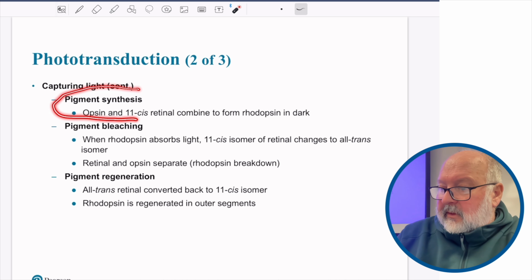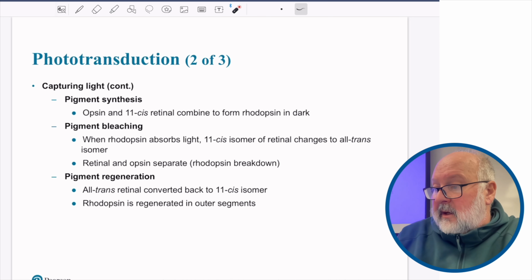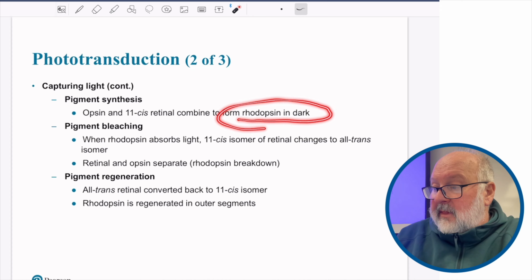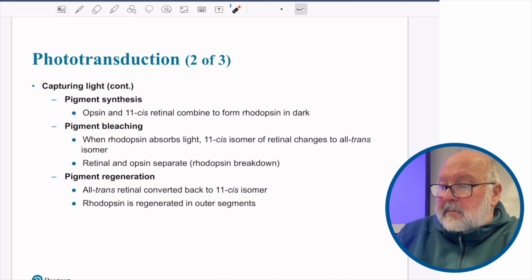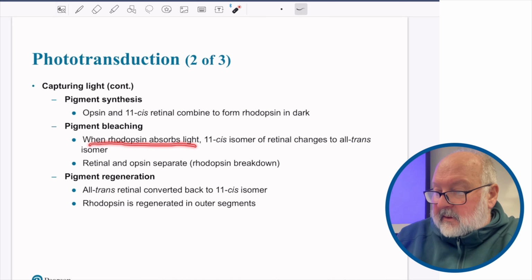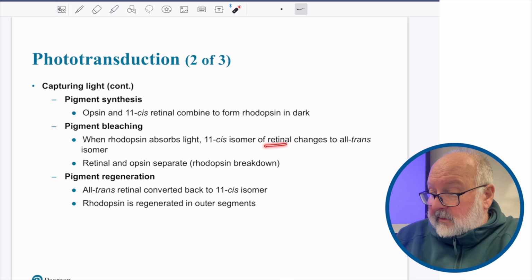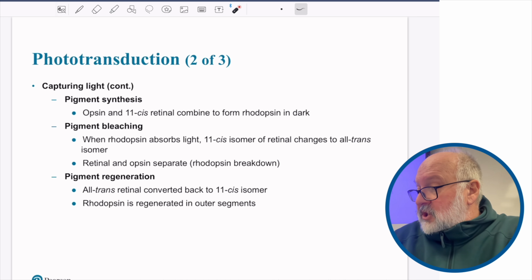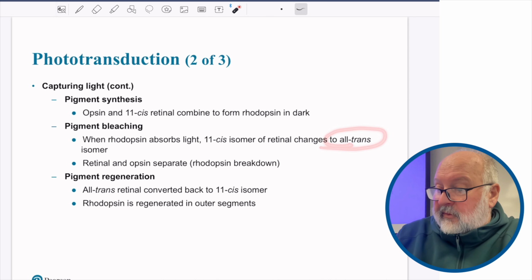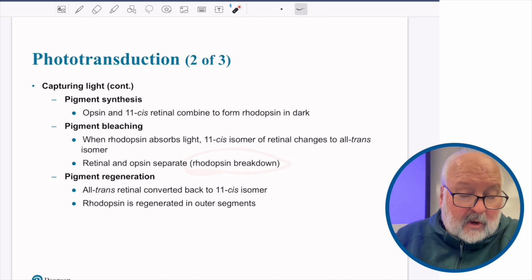So pigment synthesis: the opsins and the 11-cis retinol combine to form the rhodopsin, and this happens in the dark. Pigment bleaching: when the rhodopsin absorbs light, the 11-cis isomer of the retinol changes to the all-trans isomer, and retinol and opsin separate. So I'm going to break down the rhodopsin.